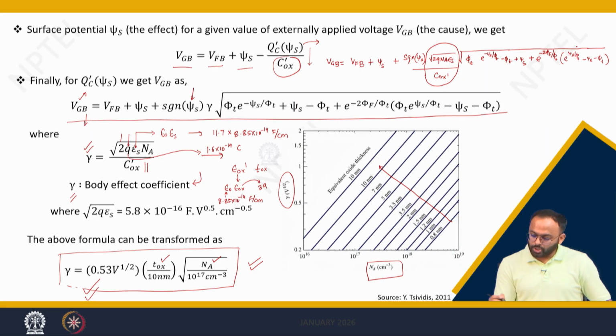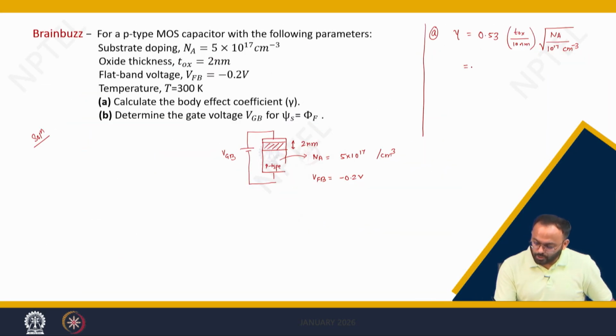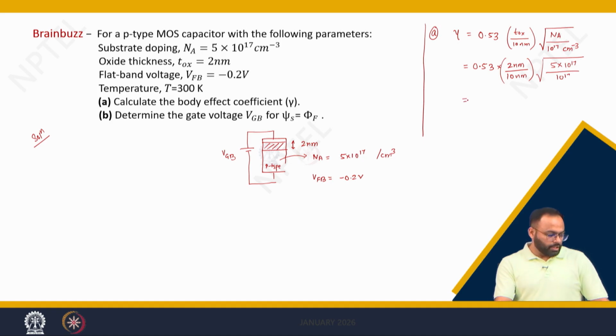If we put all those values, we simply get the body effect coefficient: 0.53 into TOX, which is 2 nanometers in our case, divided by 10 nanometers, into square root of 5 into 10 to the power of 17 divided by 10 to the power of 17. This value comes out to be 0.23 volt to the power half.